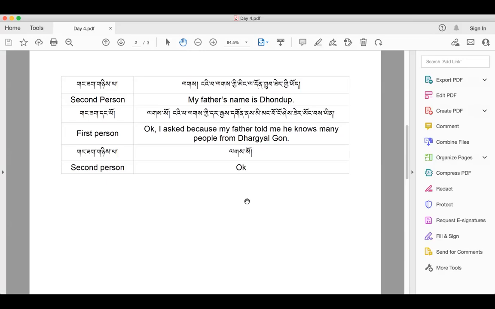I'm not denying the fact that they use this particular way of saying "my", ngaki, in the colloquial system. But the thing is that this is grammatically very wrong.